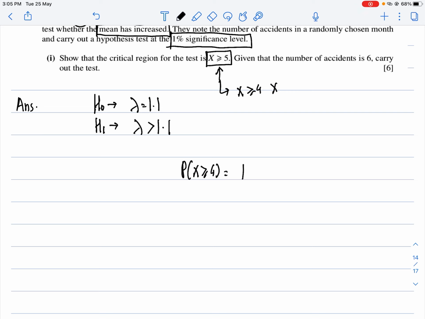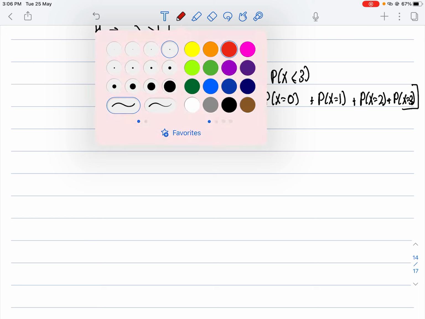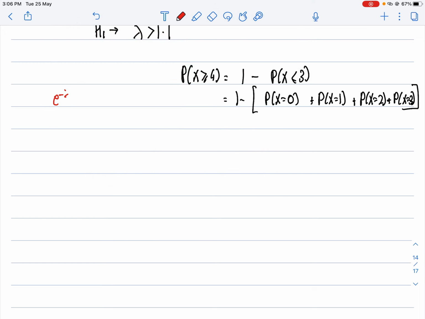This is basically 1 minus the probability of x less than or equal to 3. So I can write this as 1 minus the probability of x equals 0 plus the probability of x equals 1 plus the probability of x equals 2 plus the probability of x equals 3. Correct? The formula is e raised to minus lambda into lambda raised to x over x factorial.